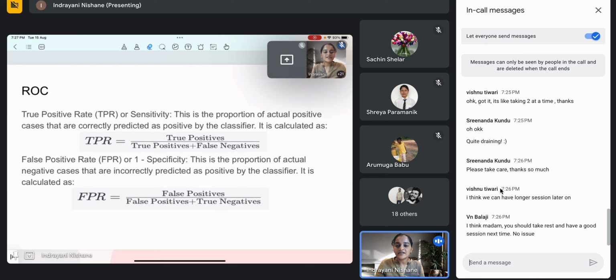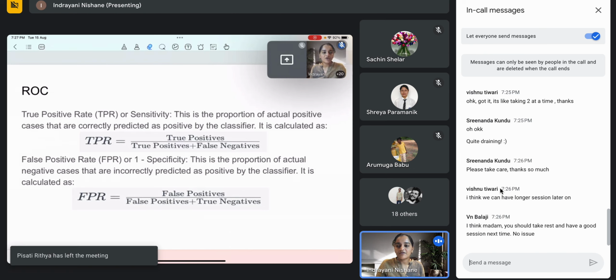So in this sense we are considering both the correctly predicted positive values and the correctly predicted negative values, the all-round performance of our ML algorithm, to calculate the area under this curve, which is known as ROC.